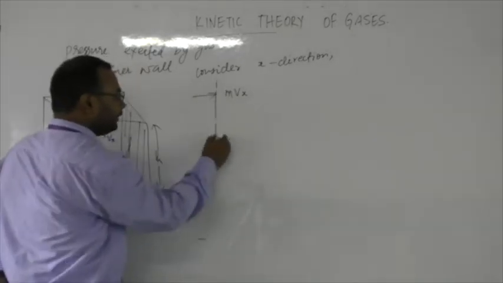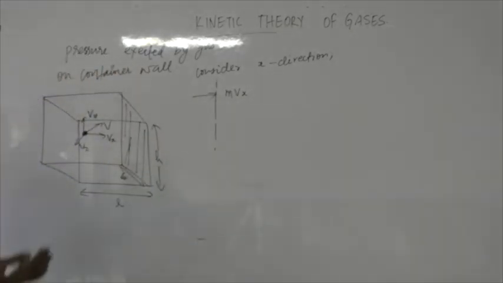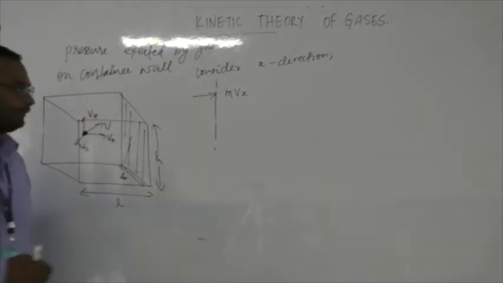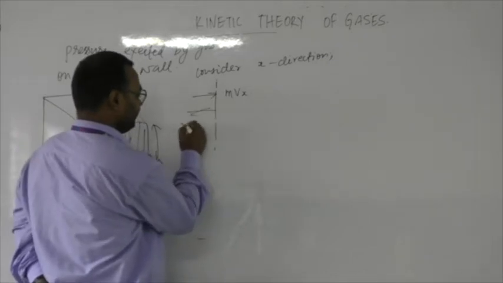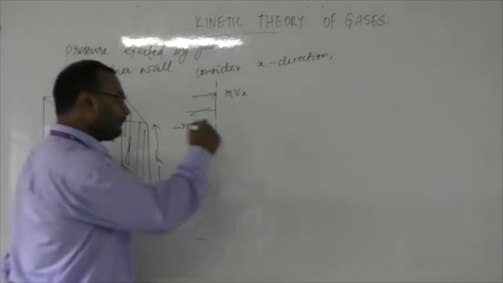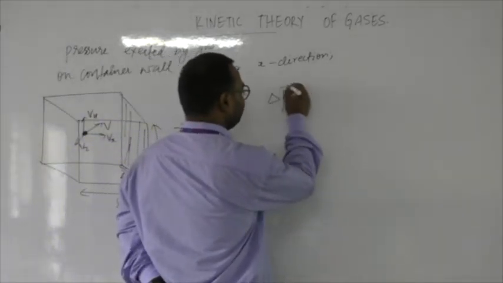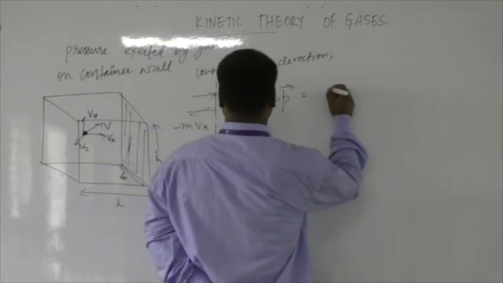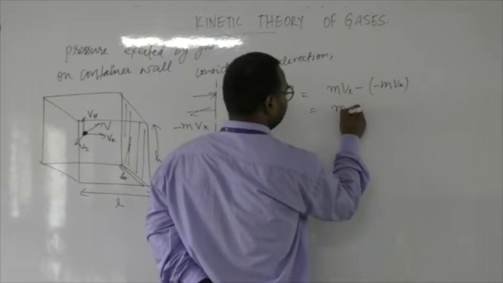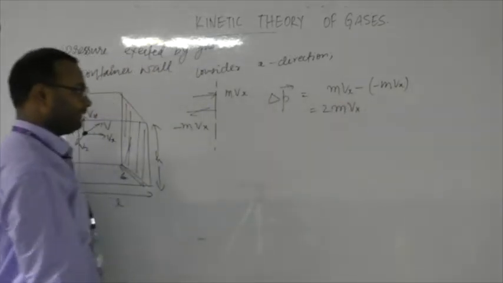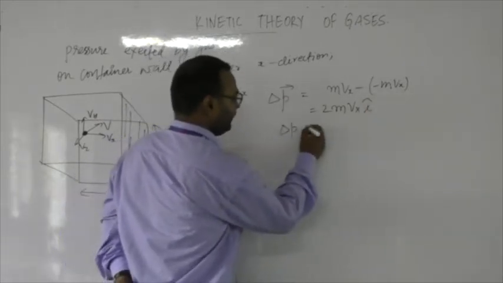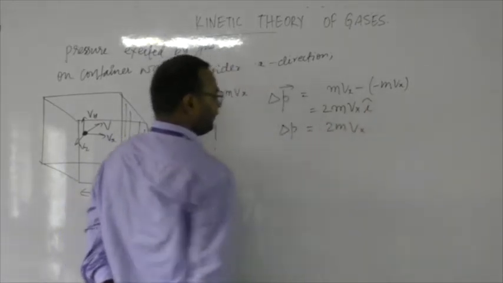After striking that wall, it returns back, and collisions are elastic always, with walls and also between the molecules. So they return with the same speed, but we say minus mVx because of the changing direction of velocity. So net change in momentum, you write mVx minus of minus mVx, that is 2mVx. In magnitude, delta p is 2mVx.